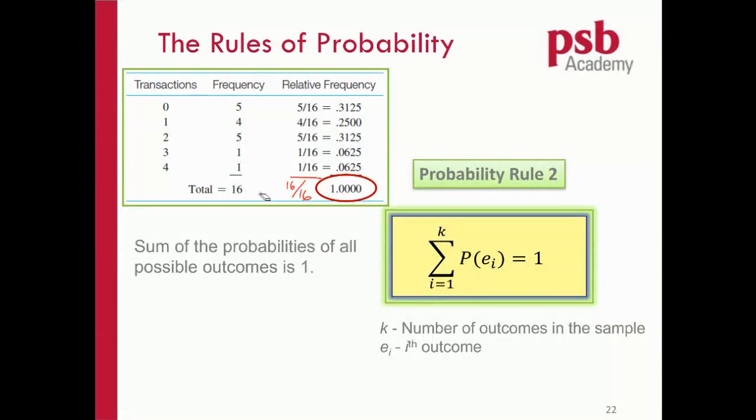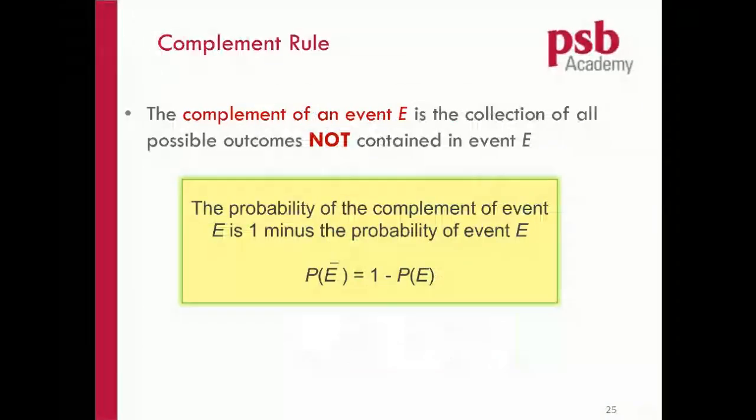How do you get 12? 12 is just 16 minus 4, right? So it's just 1 minus 0.25. You get the rest easily rather than this plus this plus this plus this. This is called complement. Right. So the complement of an event E is a collection of all possible outcomes not in event E.